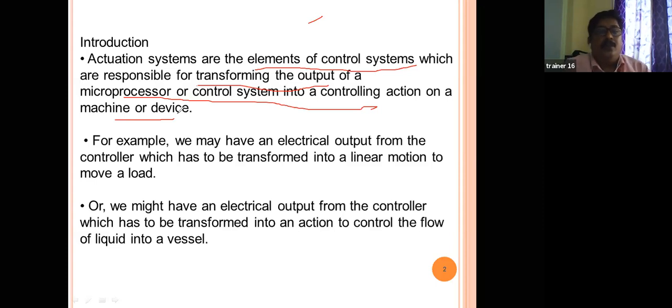Now it is clear. To understand what is actuation system, activating system, right? In other words, activating. Here I am talking, right? The mouth and the tongue are activating. Then what is the control system here? Anybody? The brain. The brain is controlling.